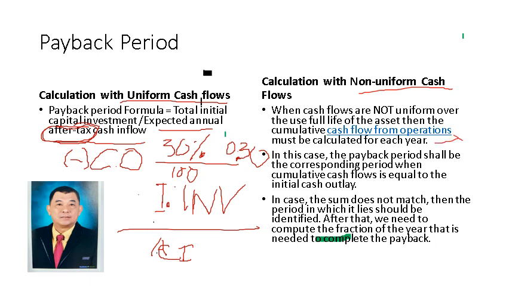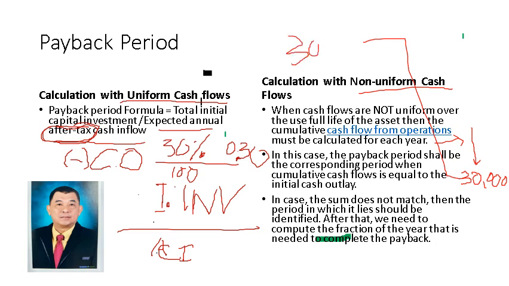In this case, the payback period shall be the corresponding period when the cumulative cash flow is equal to the initial cash outlay, meaning to say, if you add your cumulative, let's say it's 30,000, the cumulative cash flow, and that is equal to the capital investment, which is, let's say, 30,000.